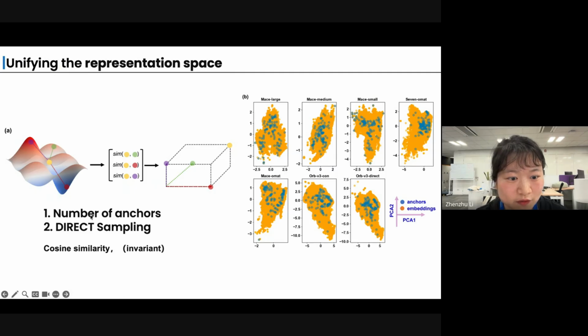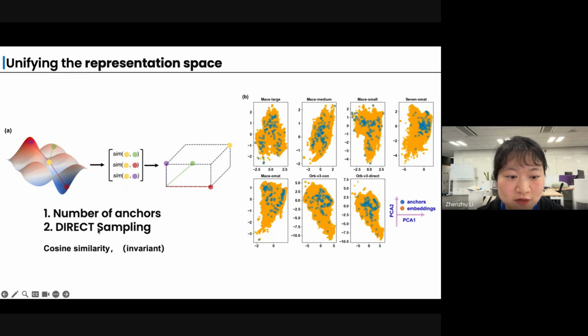What's important here is the number of anchors and also the way we sample these anchors. We compare random sampling and direct sampling. Direct sampling was developed by Shipion's group when they developed the ChargeNet force field.